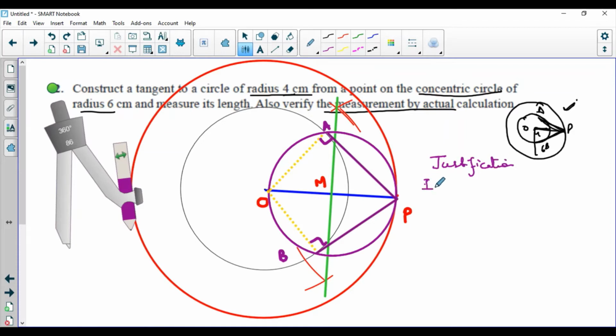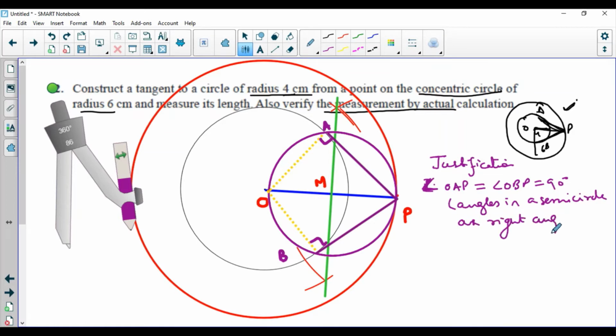We can write directly angle OAP is equal to angle OBP equals 90, angles in a semicircle are right angles.